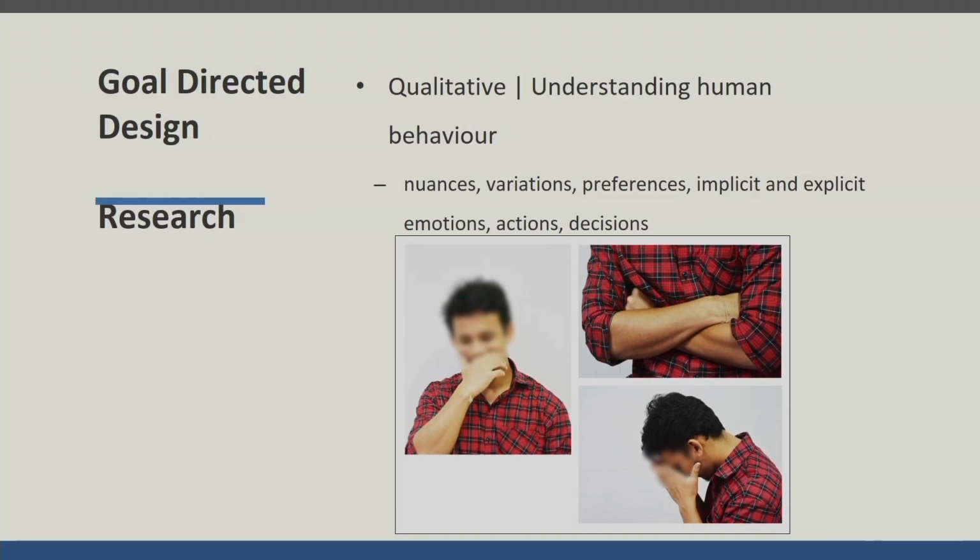There is a lot of variation and a lot of preference in their behavior. And those variations and preferences are the result of different implicit and explicit feelings that people are having at different points of time. That is why the actions and decisions that human beings take are far more complex, far more difficult to understand.